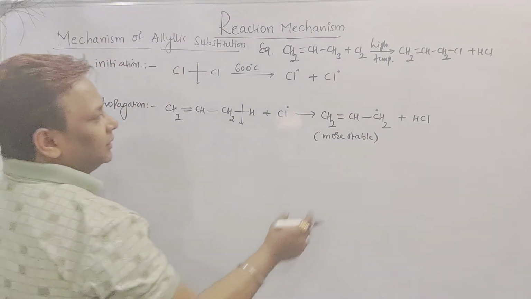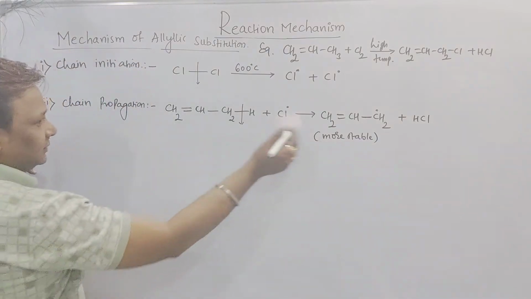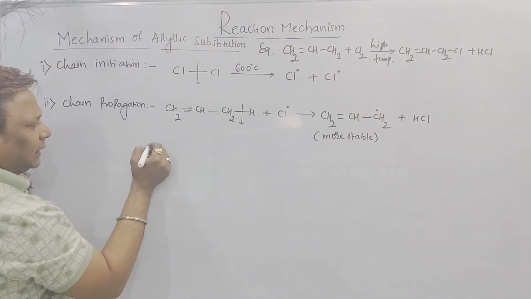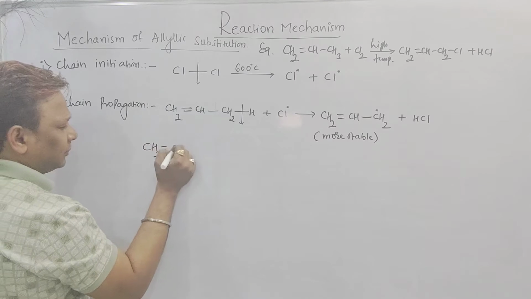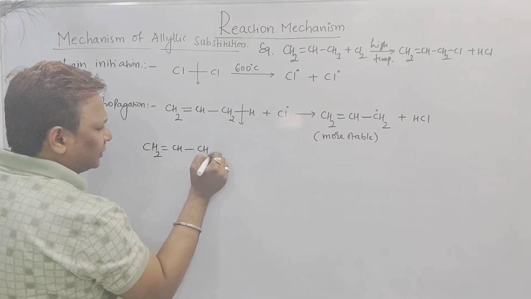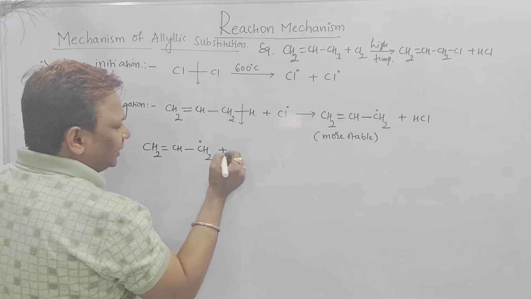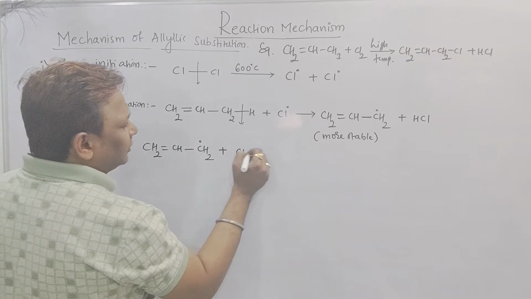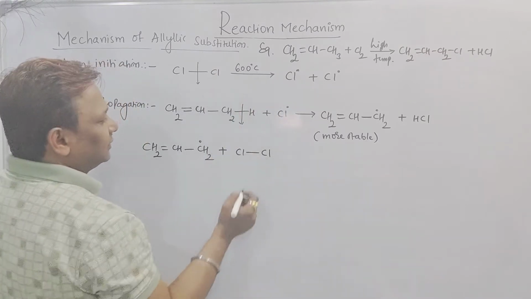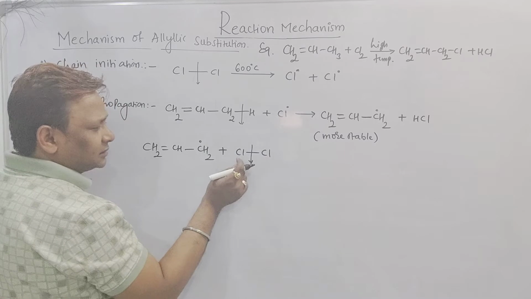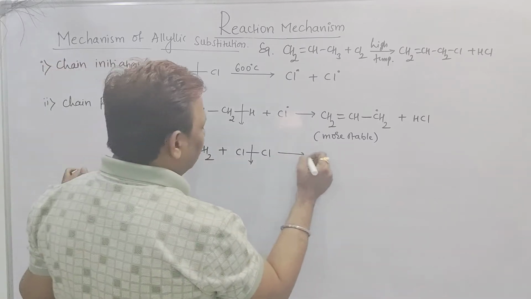Now the second part: this allyl radical we obtained, CH2=CH-CH2 free radical, again combines with the chlorine molecule present here. It forms a free radical, which attacks here.